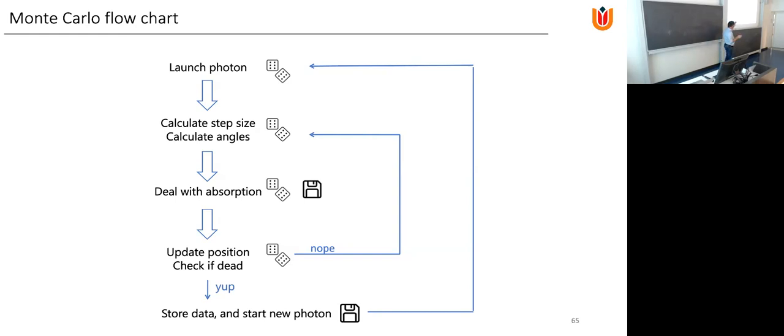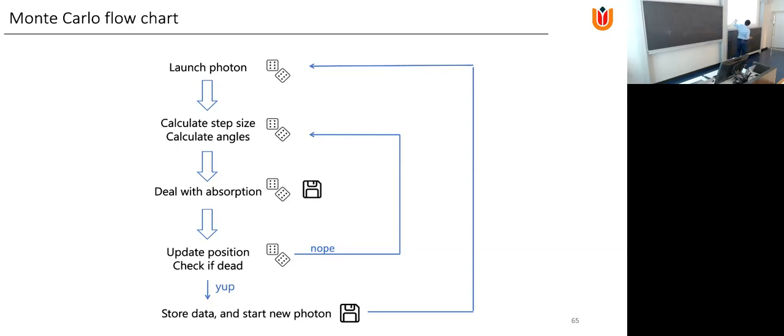Then I calculate, based on the probability distribution, the random step size, which the photon then takes. I take the step, and calculate the angles over which it would scatter. I check with another random number if the photon happens to be absorbed at that position. If it is not, I can continue. If it is absorbed, I need to start over.